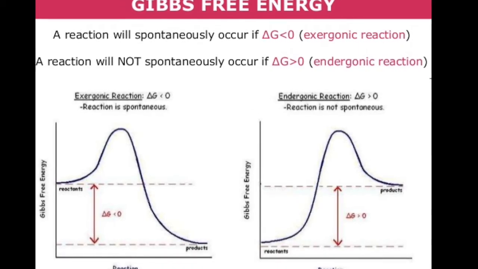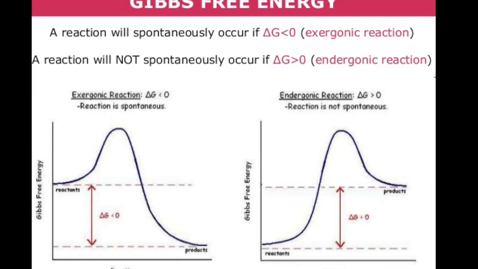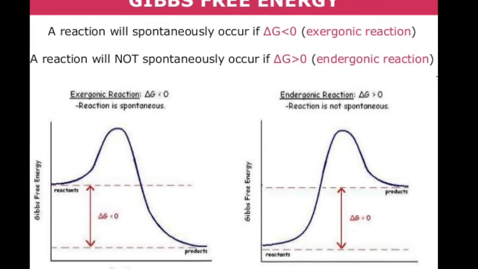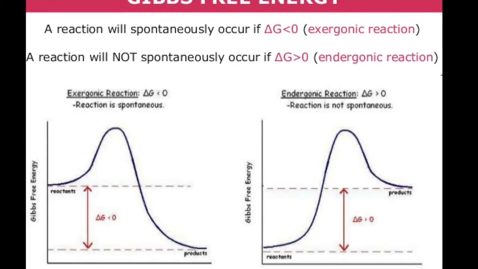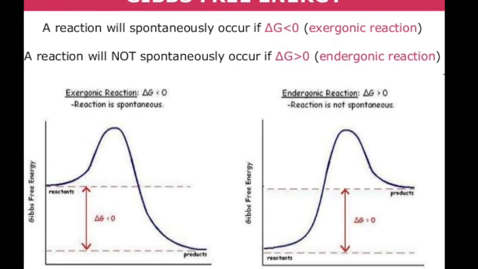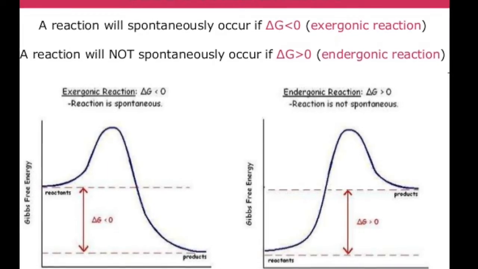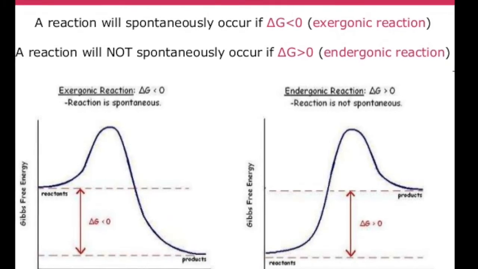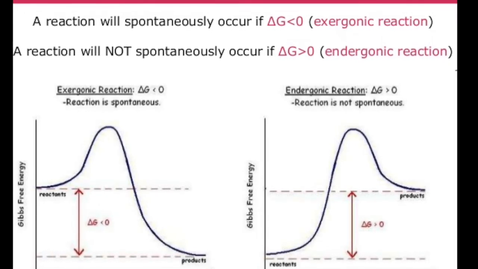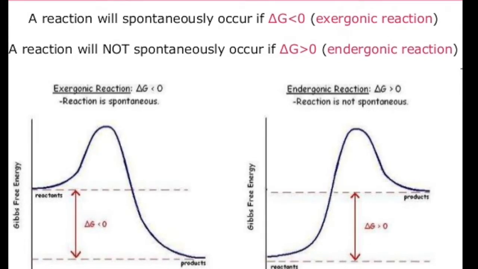Now, on the other hand, we have endergonic, which means that energy is added to that reaction in order for it to occur. These things really make sense when you actually look at the graph. So on the y-axis we have Gibbs free energy, and we'll note that on the left-hand side, the starting point is much higher than it is on the graph on the right-hand side. And then we have a flipped reaction.